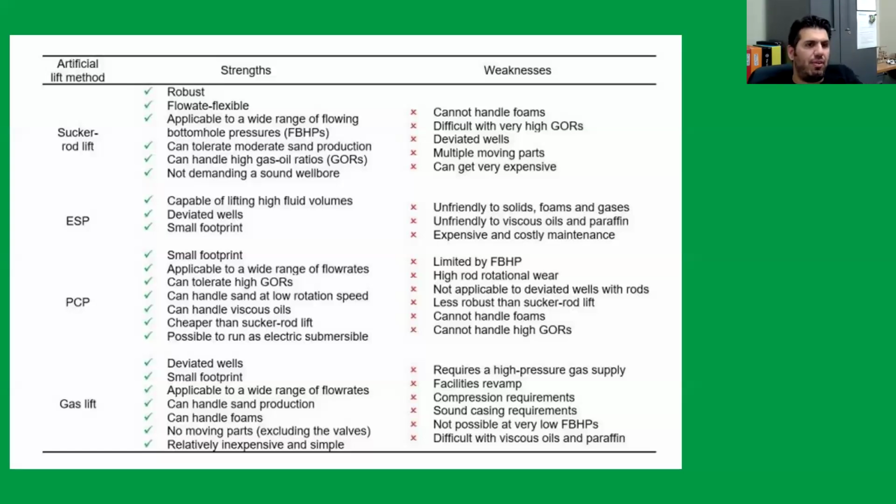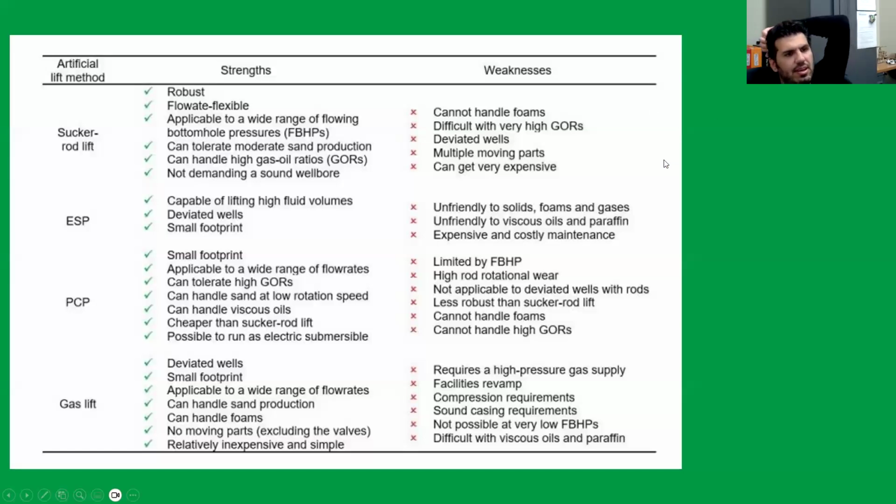They are limited by flowing bottom hole pressure, high rod rotation wear because of the touching between the rotor and the stator can cause a lot of problems. Not applicable to deviated wells with rods, less robust than sucker rod lift, cannot handle foams, cannot handle high GORs.